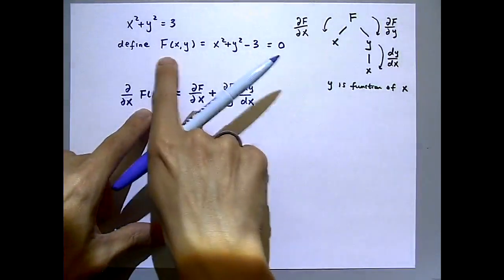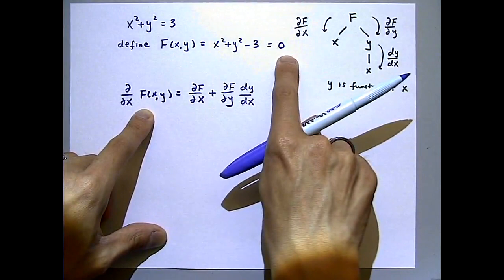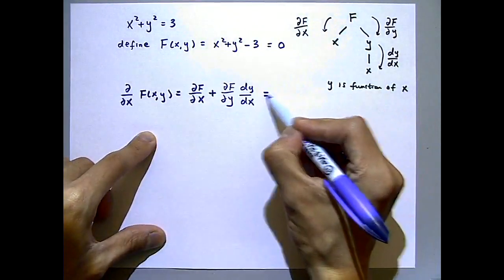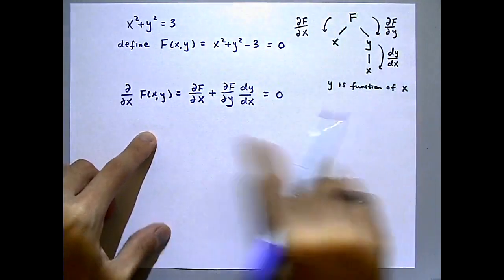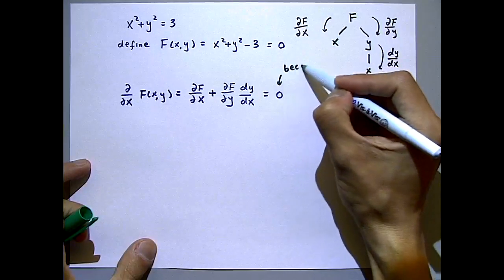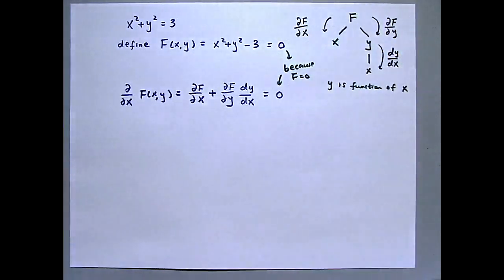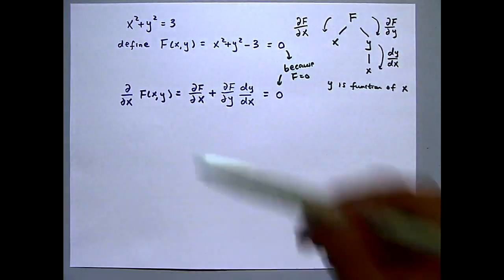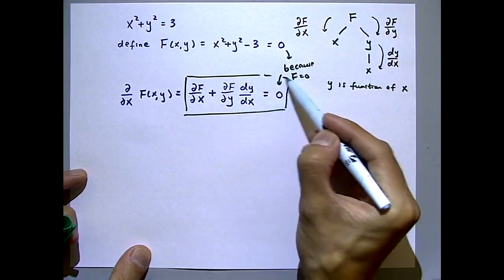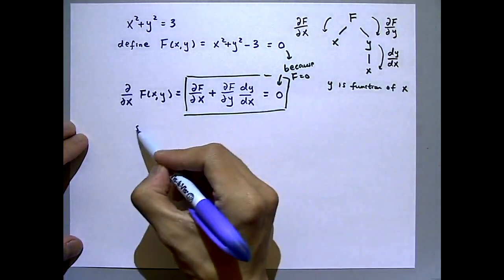Now remember, again, we're defining this capital F to be something but ultimately equal to 0. Because it's at 0 here, the derivative of this is going to be ultimately equal to 0. Yeah? Because F is at 0. And now looking at this equation here, what I can do is solve for dy dx.